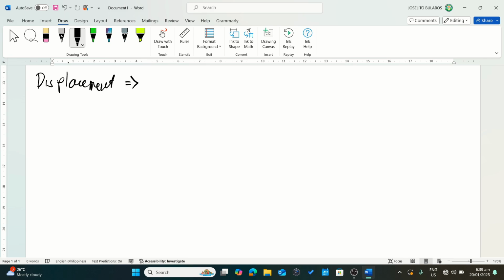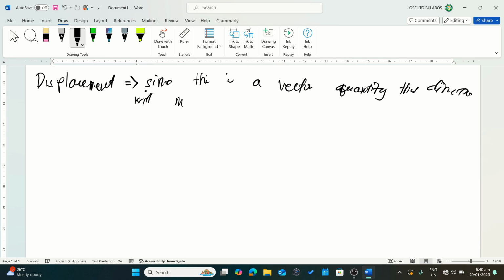Displacement, and since this is a vector quantity, thus direction will matter.